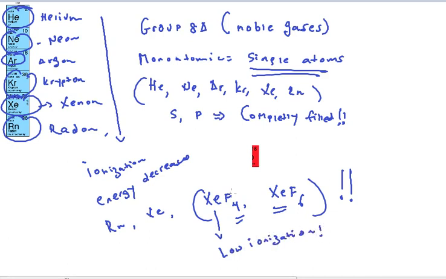Experiments proved that these kinds of compounds can be formed. Other than that, the group 8A noble gases are unreactive. In other words, they have achieved octets, meaning they have 8 electrons in their outermost shell.